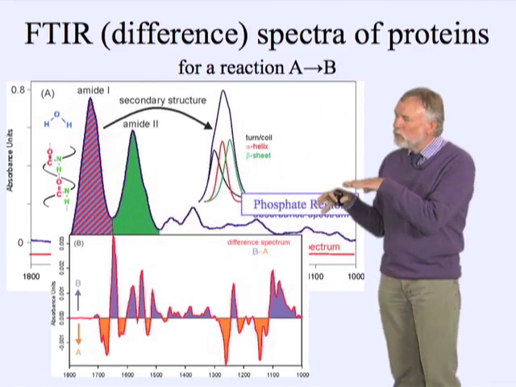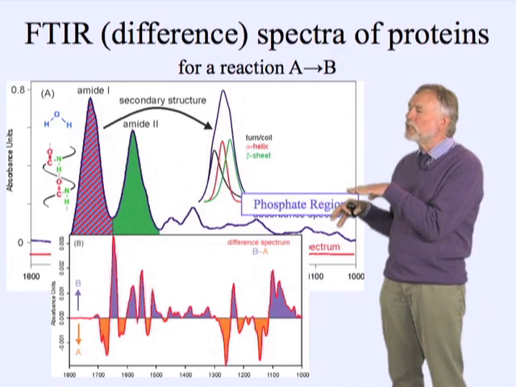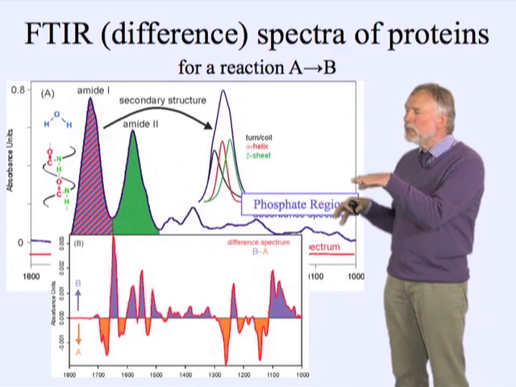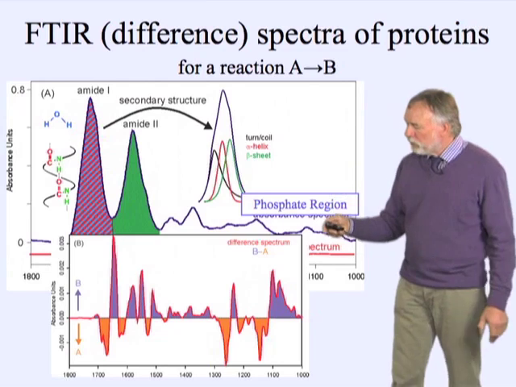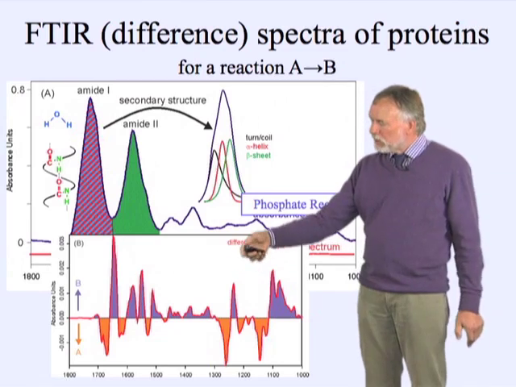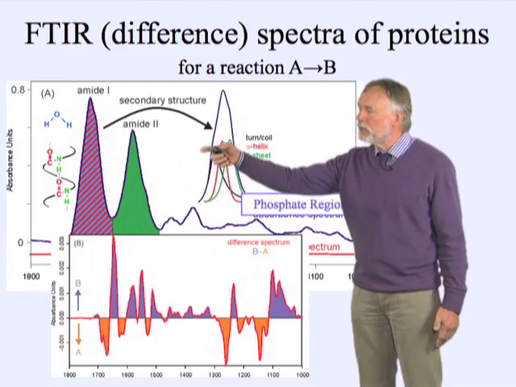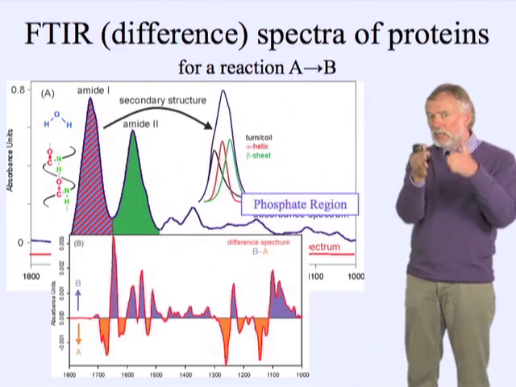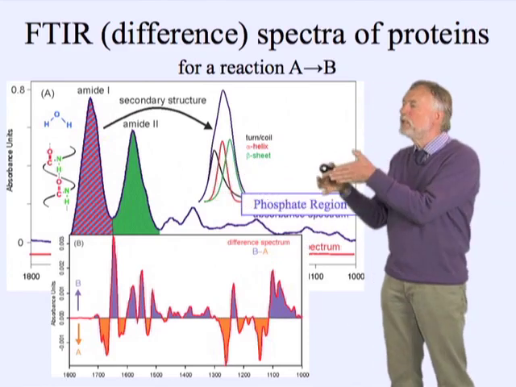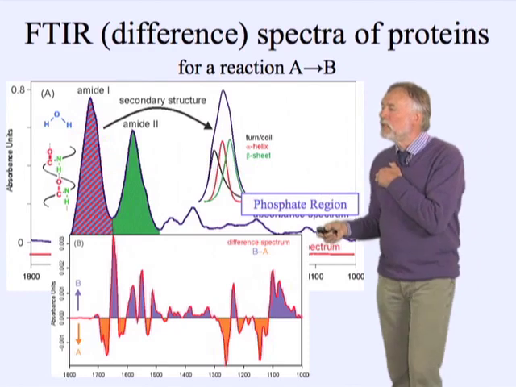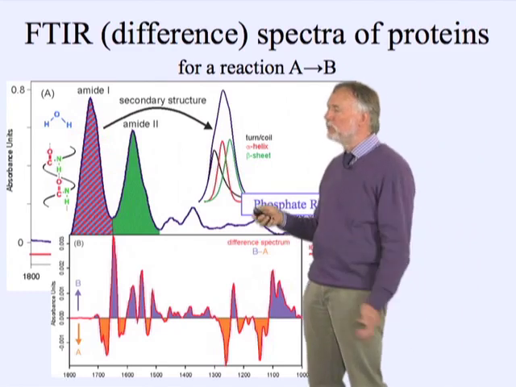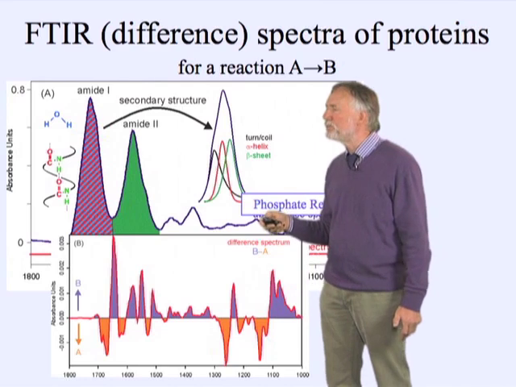So we see very small but very reproducible changes in the course of the reaction when A goes to B, and we see negative peaks. That means A goes away, and we see positive peaks if B comes out. So we can observe things that are lost and things that come up in the course of the reaction, and we can follow these by FTIR.